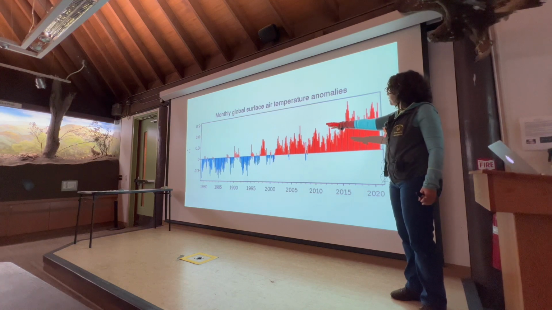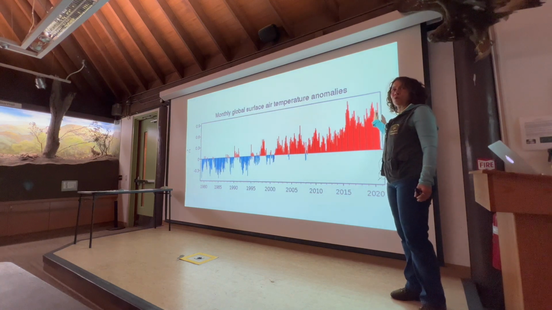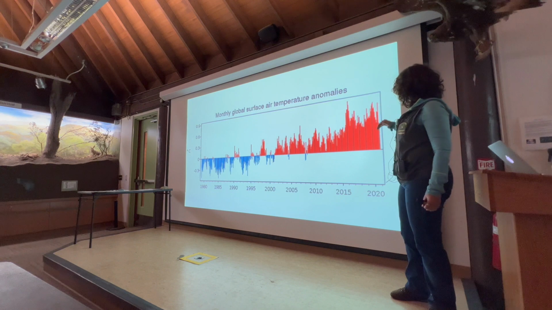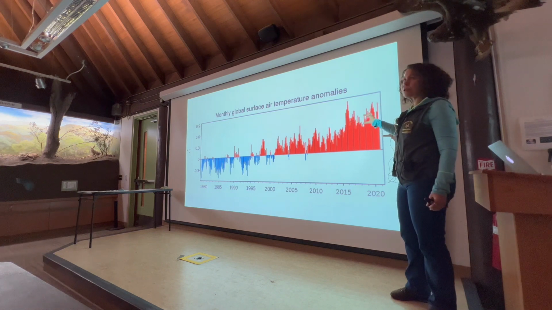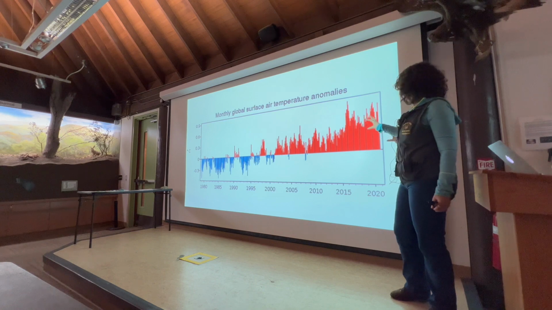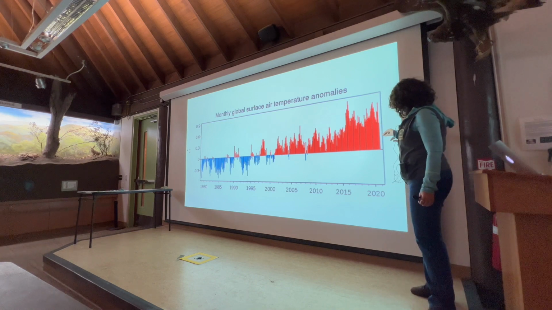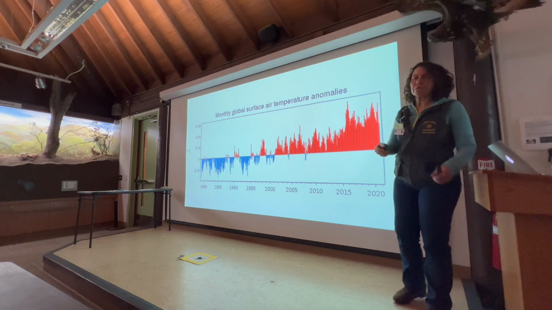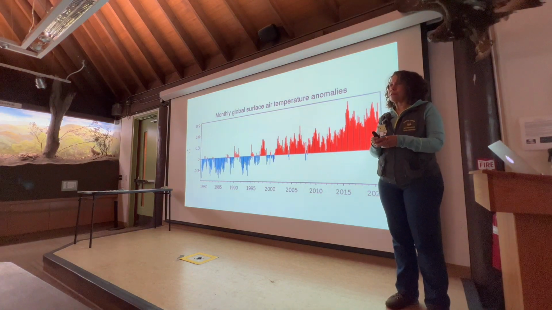And since then, it has almost always been warmer, and there's really not much expectation that that's going to change very much, that it's just going to be warmer. But there is variation from month to month and year to year, and there are some years where the temperature changes less.